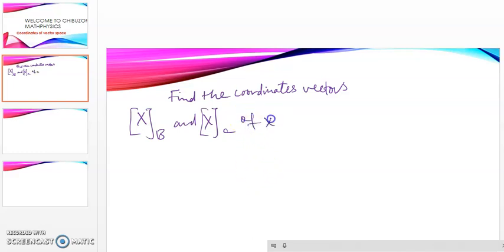Let's say x with respect to the base b, and of course base c. So let's have them down. x is given to be these vector matrices.